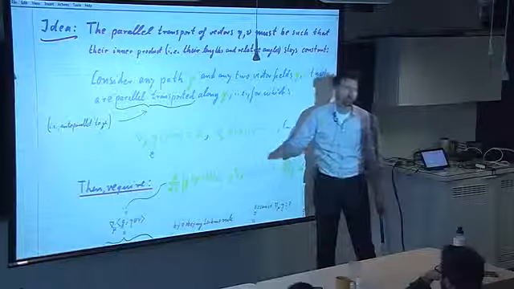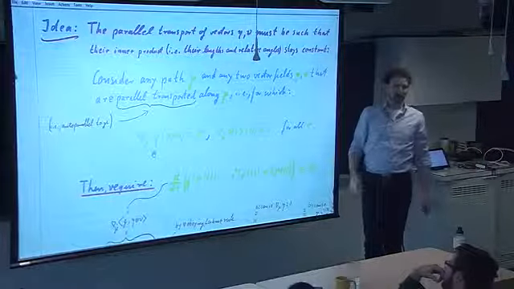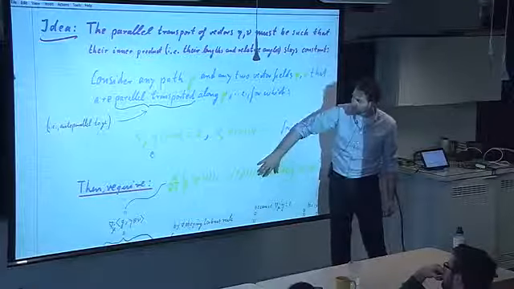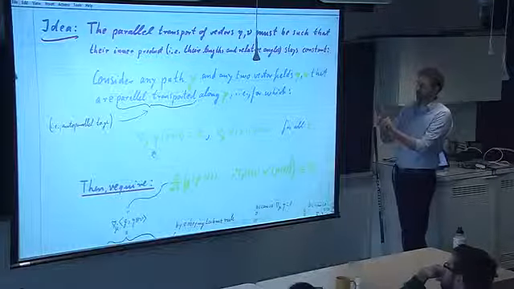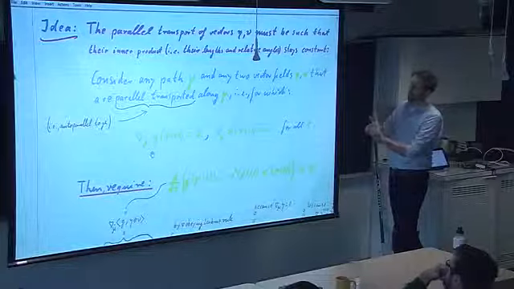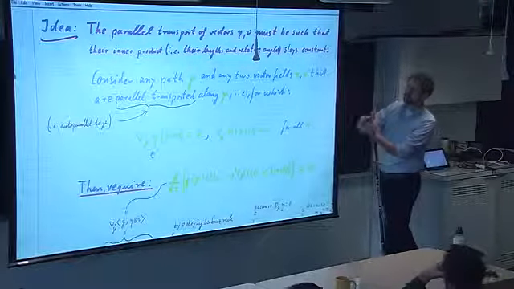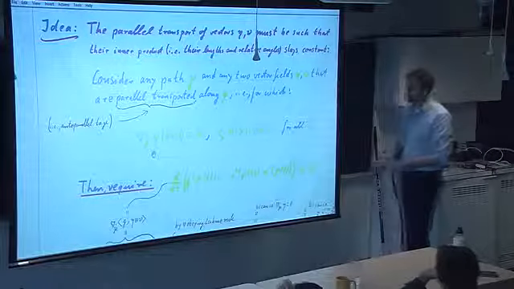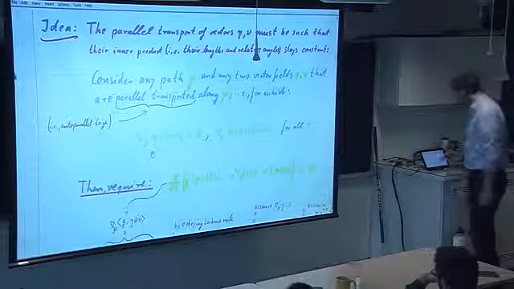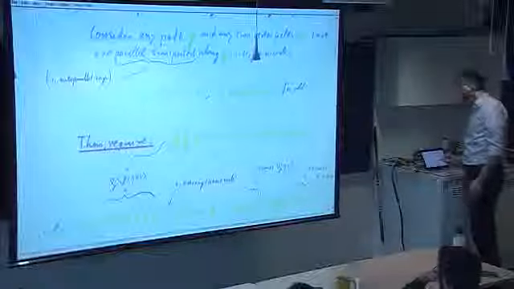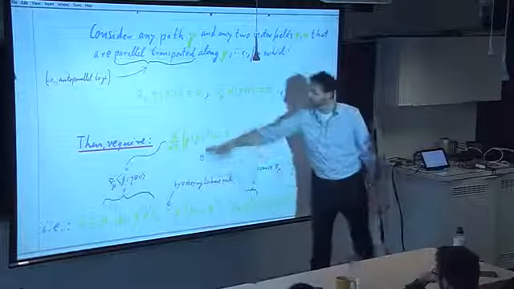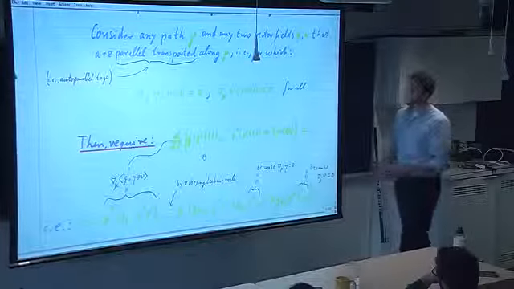It's not supposed to change as you travel along the manifold. This is the mathematical statement of the idea that vectors are parallel transported in such a way that their length and relative angles don't change. Okay, so this is now the key equation that relates the metric to parallel transport.